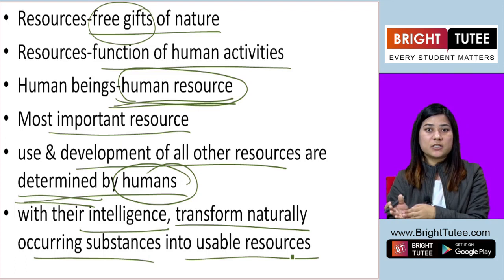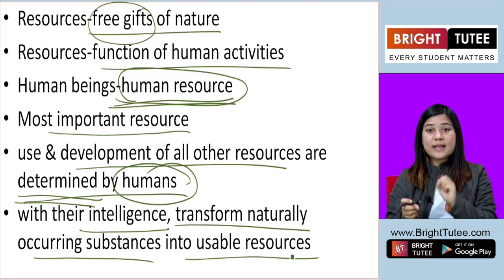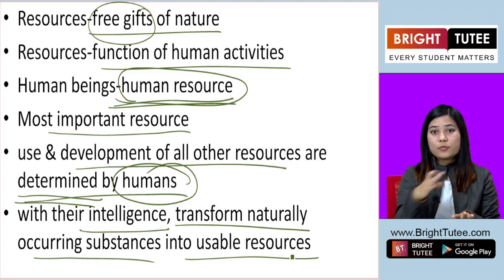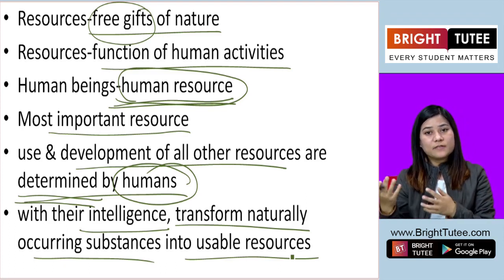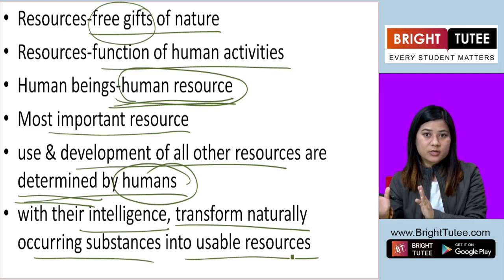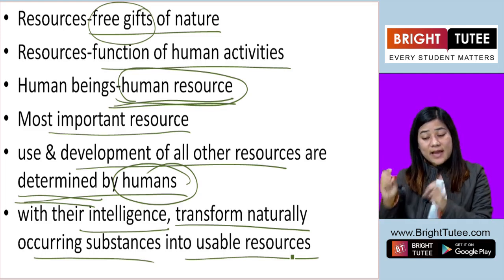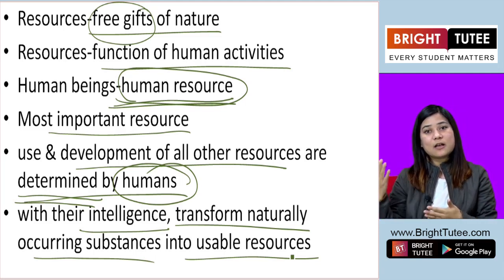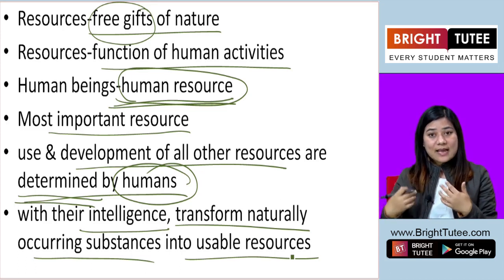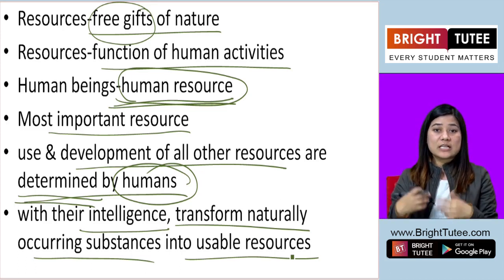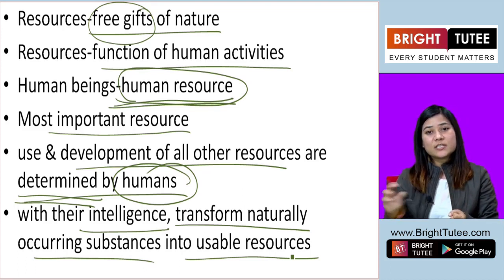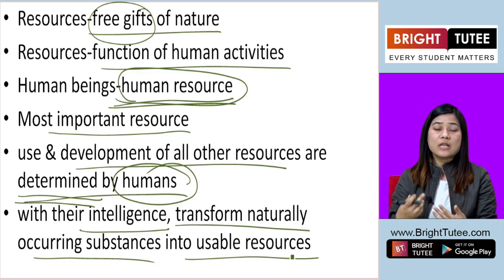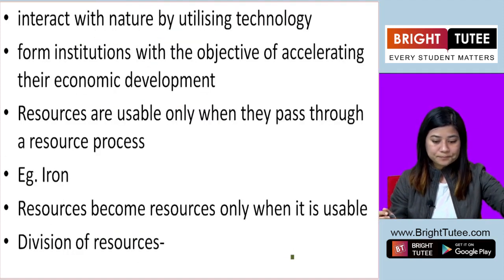We get the resource, and then it has to undergo a process, and as a result of that process it reaches a final product or a final stage. That final stage, we apply in our activities, and that leads us to our development. That can be done only with human intelligence, human skill and training. With that, the process is aided, and then at the end we get to make use of the resources.